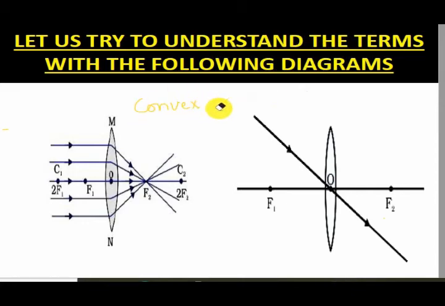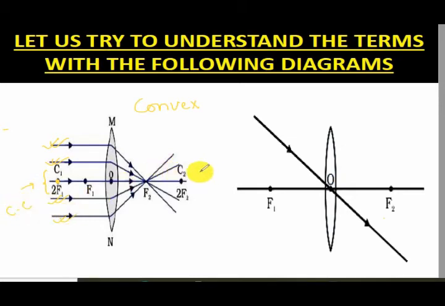In this convex lens, you may see many rays of light. This is a ray of light. This is a ray of light. This is also one. Now here in this point, as you know, we have C1. It is also represented by 2F1. What are these points called? They are called centers of curvature.